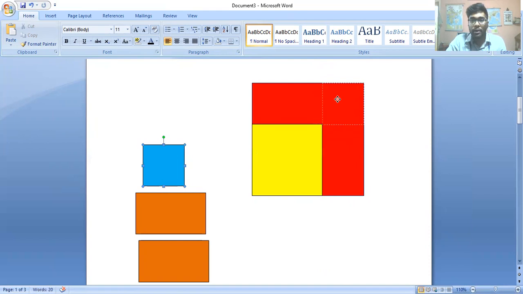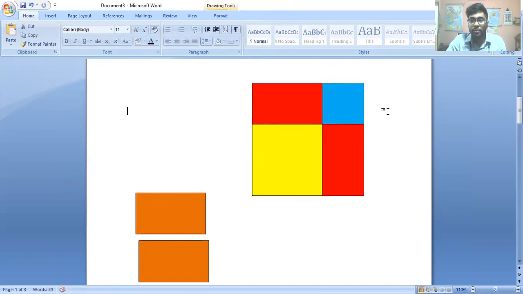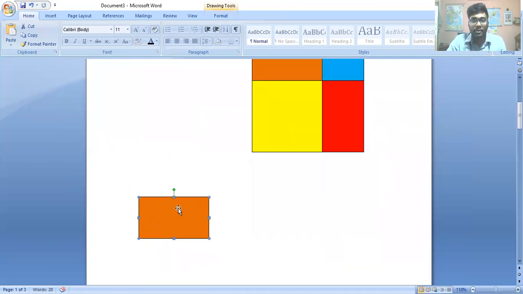Then I have taken the 4 centimeter square. Okay, see how it is coming as a puzzle. So we have at first put here, see, coming, and this one you need to rotate. Okay, see, it is fitting perfectly, isn't it?